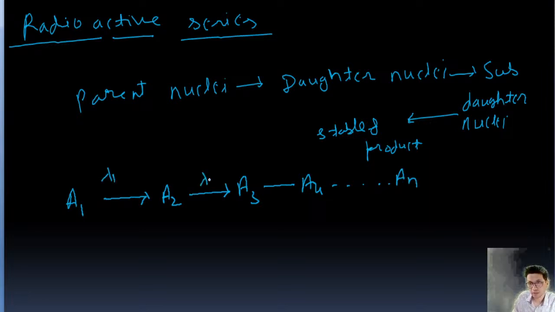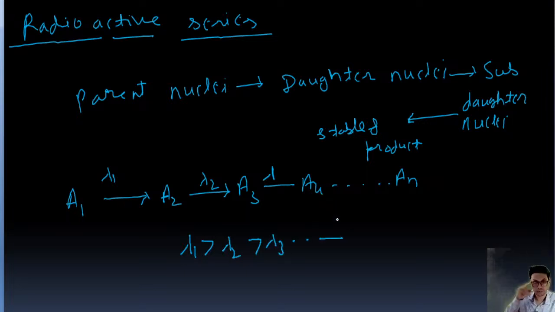Lambda 1, lambda 2, lambda 3, and so on are the radioactive constants, the decay constants. Here, guys, you need to understand that lambda 1 is greater than lambda 2, the decay constant, and lambda 2 is greater than lambda 3, and so on. Very important.